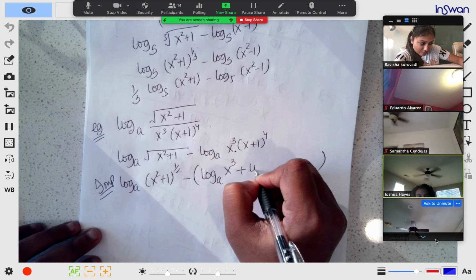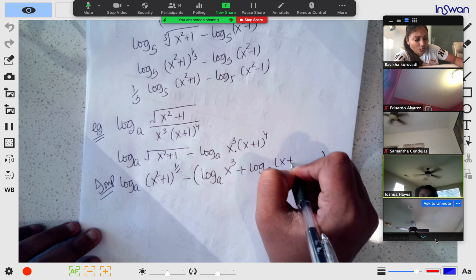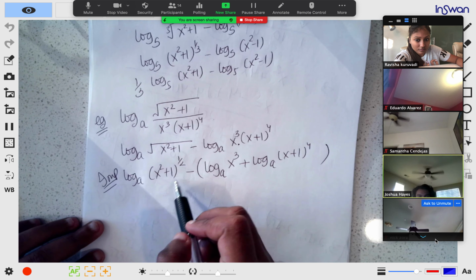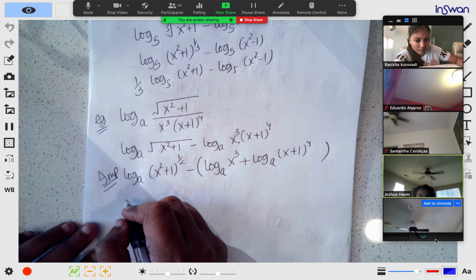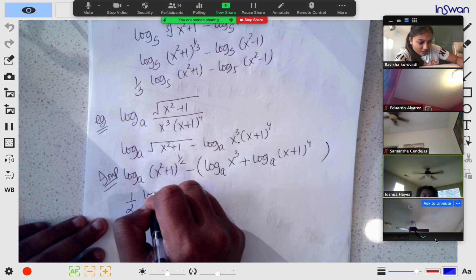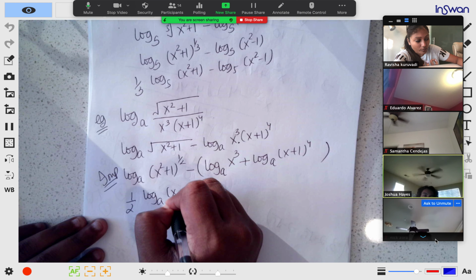Yes, perfect. What does this become, Joshua? Couldn't you move the 1/2 to the front? Yes, we'll put 1/2 in the front and you get log a x squared plus 1 minus, what about this term here?